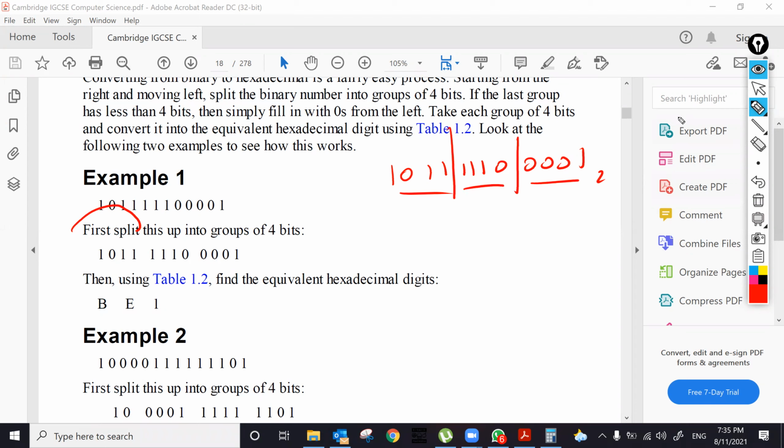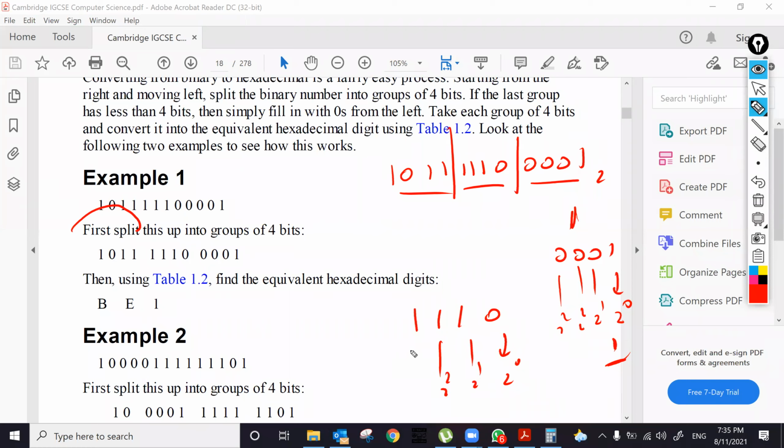Okay, now you do some calculations. How does this come? What's the value here? 2 to the power 0, 2 to the power 1, 2 to the power 2, 2 to the power 3. Here we have 1, 1, 1, 0, with positions 0, 1, 2, 3.